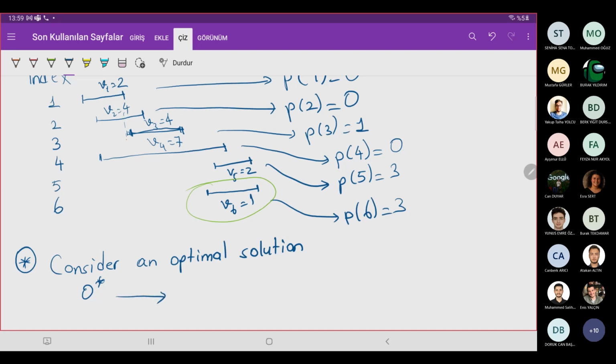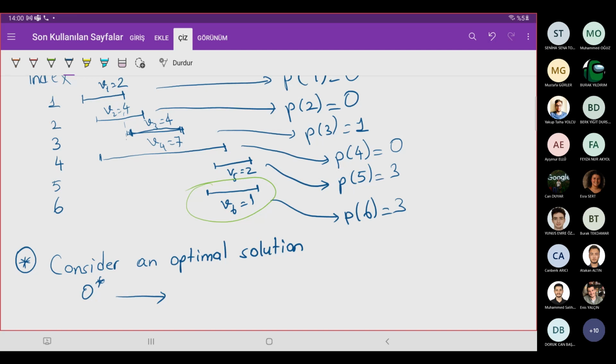So this can be in the optimum solution. Maybe it is in the optimum solution or it is not. There are 2 cases, right? And I have to have one of these 2 possibilities for the last one.